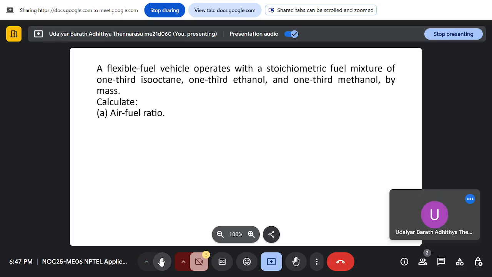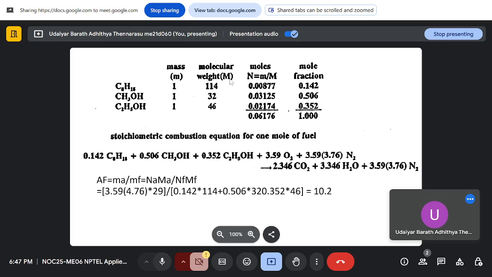In this case we need to find out the air fuel ratio. First, because we are considering mass, we take 1 kg of each, so we have 1/3 proportion for each component.